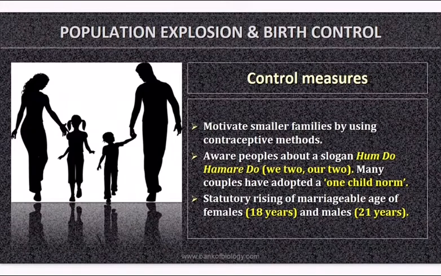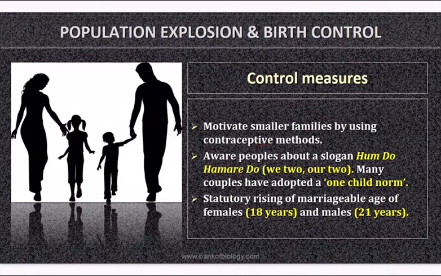There are various birth control methods that can be divided into temporary methods, permanent methods, and medical termination of pregnancy, MTP we say. These three can be followed strictly, like in China. The control measures basically motivate smaller families by using contraceptive methods. We'll discuss this: what are these contraceptive methods or population control methods?